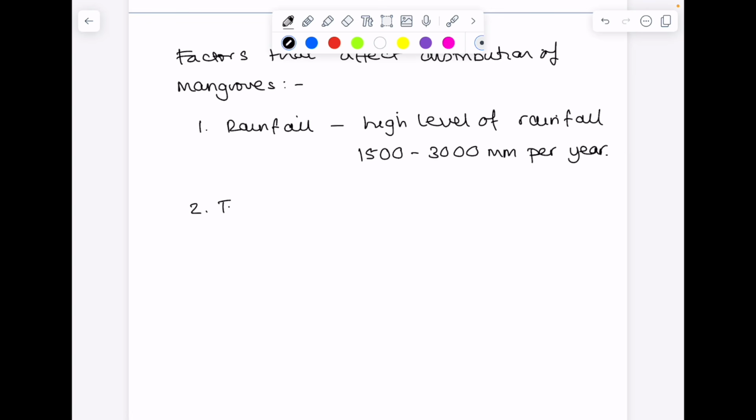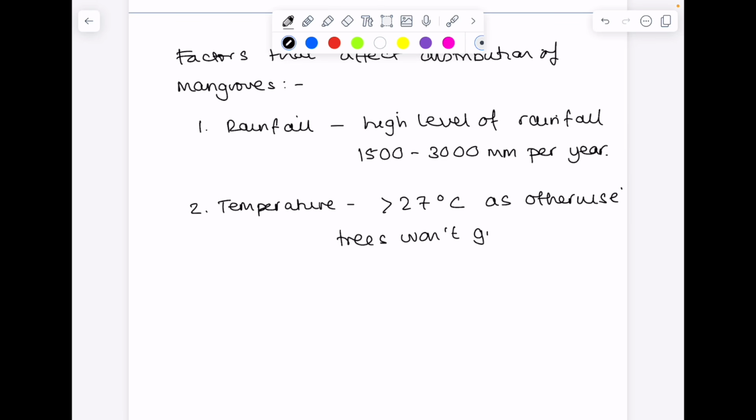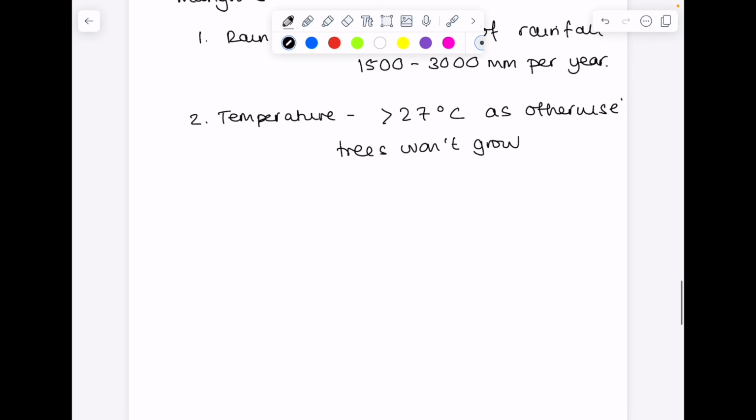They need a high temperature, otherwise the mangrove trees won't grow. In terms of water depth, again, we need shallow water between 0.5 to 2.5 metres deep.